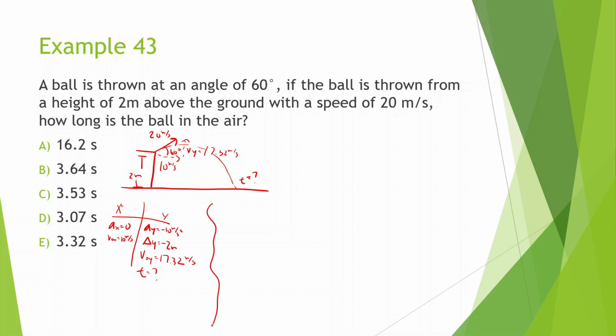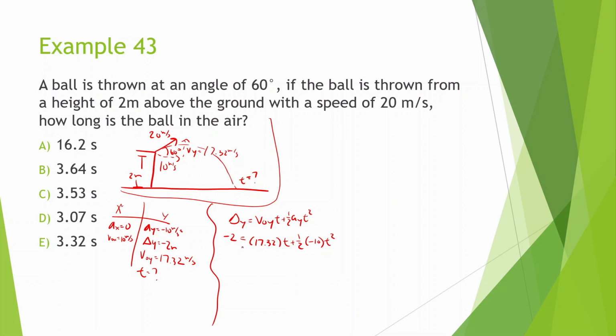All right, so let me draw this out. What I know, displacement in the y is equal to v initial y t plus 1/2 ay t squared. -2 is equal to 17.32 times t plus 1/2 times -10 t squared.